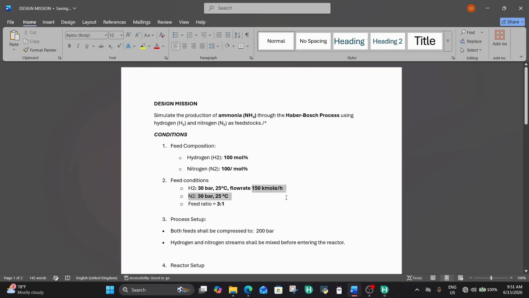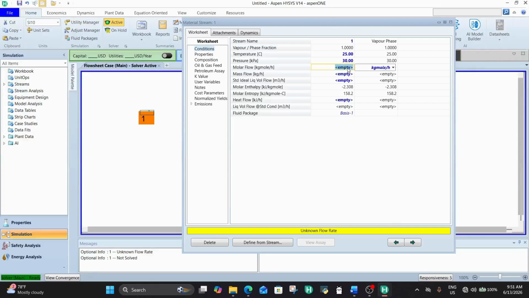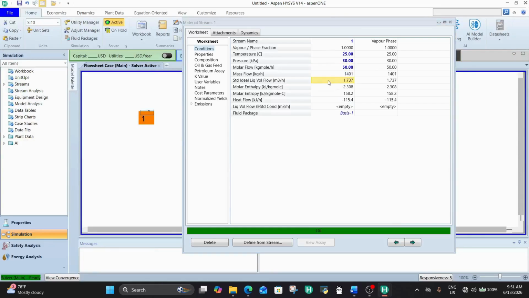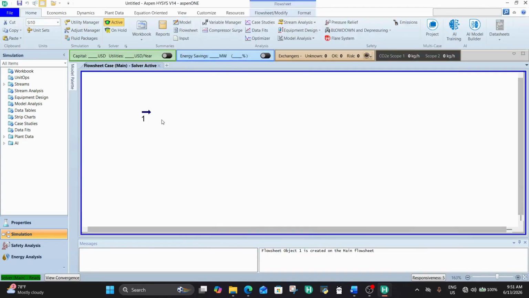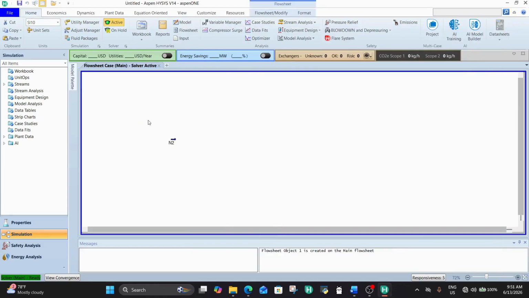So if our flow rate for hydrogen is 150, then our nitrogen flow rate will be 1/3 of that, 150 divided by 3, which gives us 50 kilomole per hour. And we have successfully created our nitrogen stream. Let's call this N2. Great.